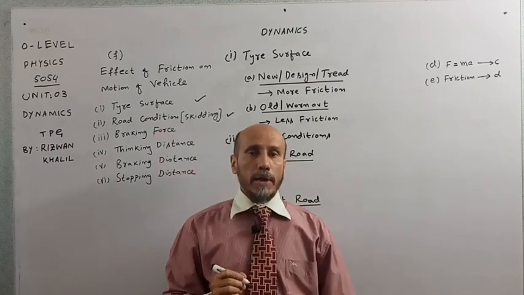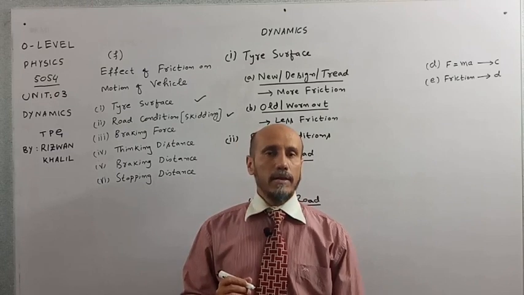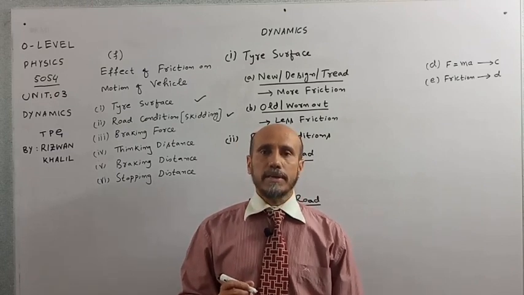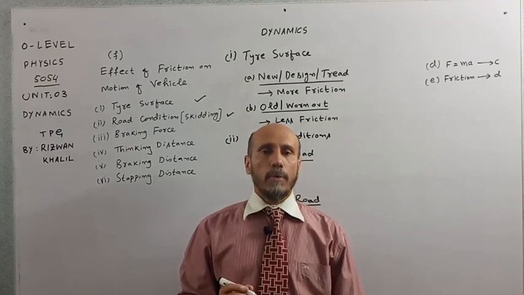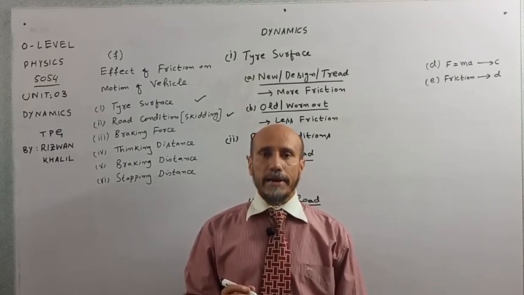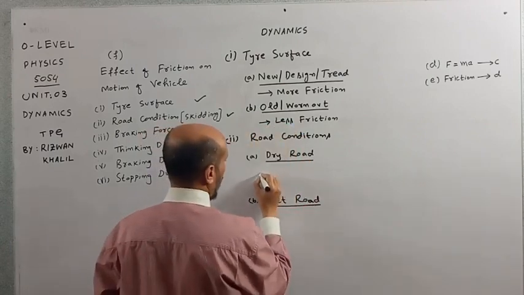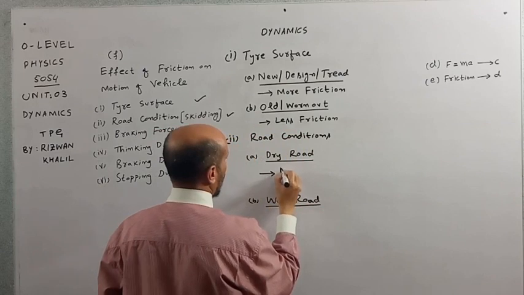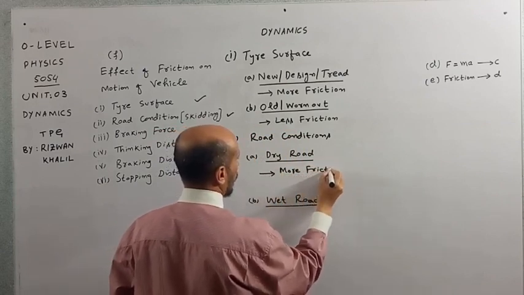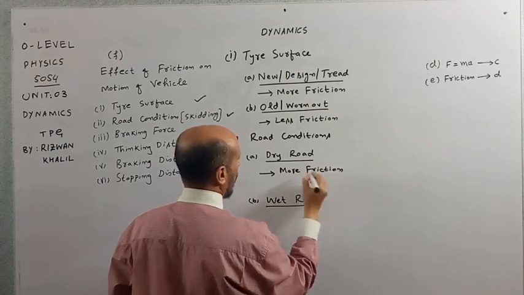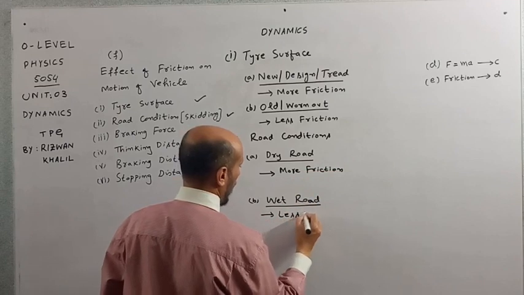Obviously, a dry road has more friction while the tire and surface of the earth are in contact, and a wet road has less friction. So a dry road has more friction while a wet road has less friction.